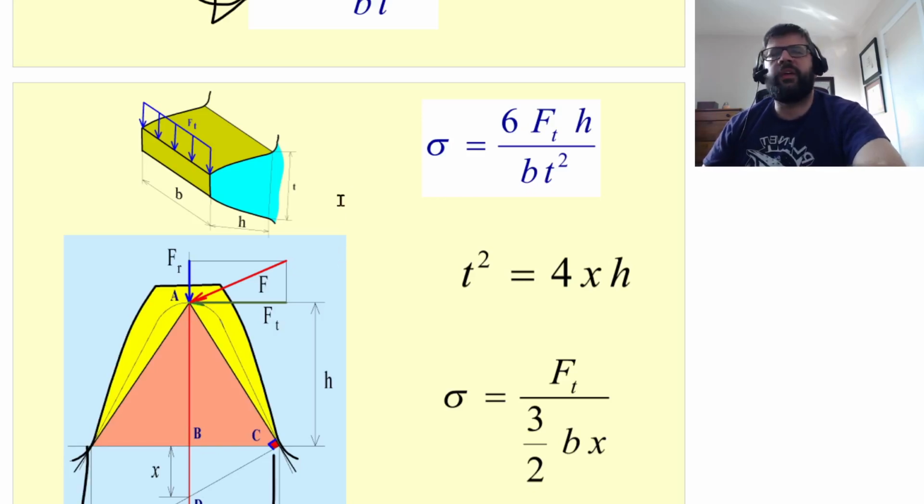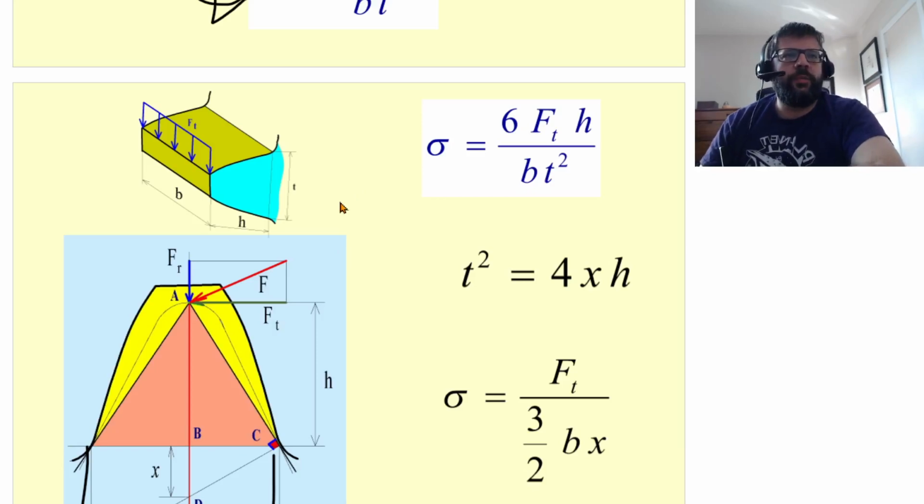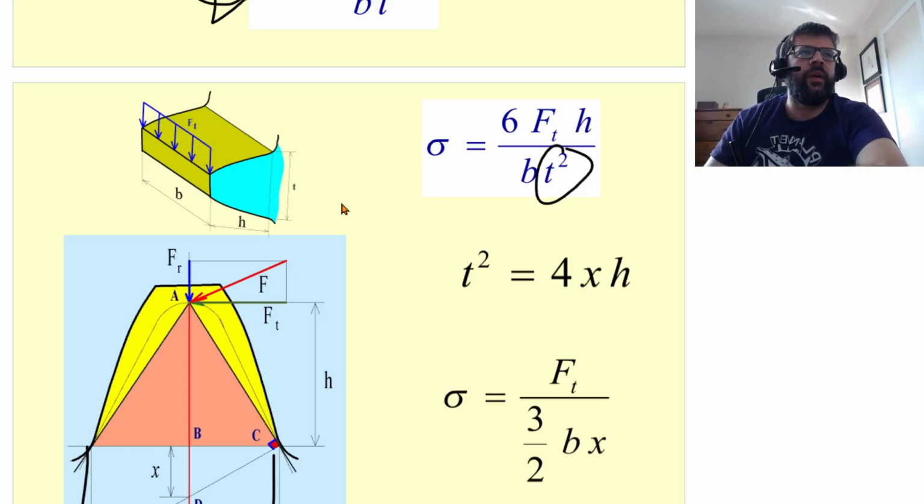So basically, they rejigged the geometry here to sub out this T value, replaced it with this X here, and got rid of the H as well.